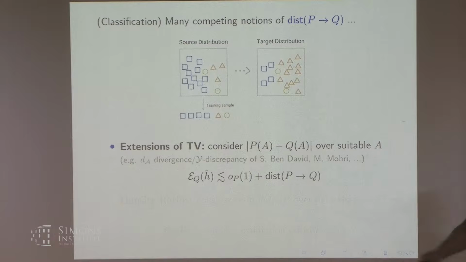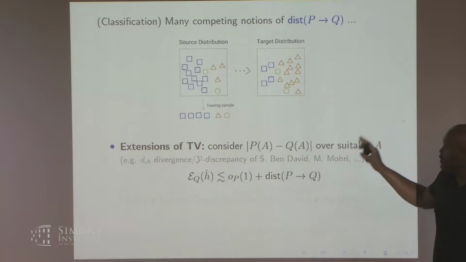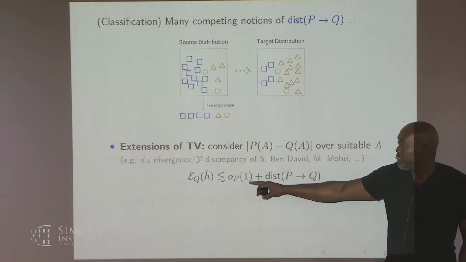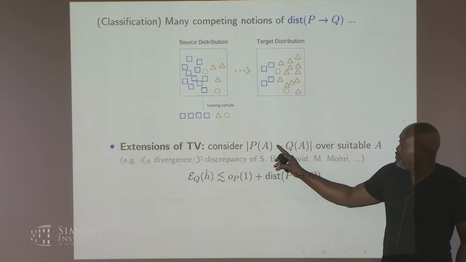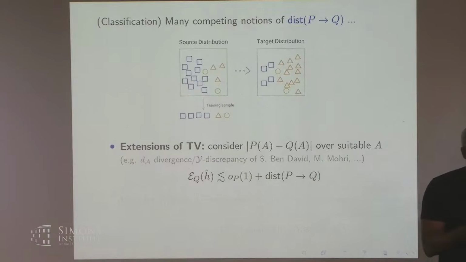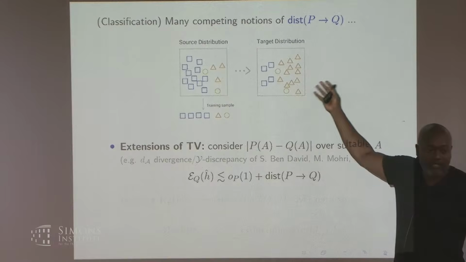The refinements that have been proposed by people like Shai Ben-David, Mehryar Mohri, and co-authors over the years have been to focus on these regions of space that are defined by the hypothesis class, by where the hypotheses disagree. Okay, because that's the most relevant part of the space.